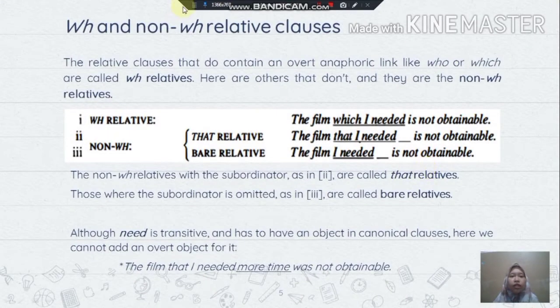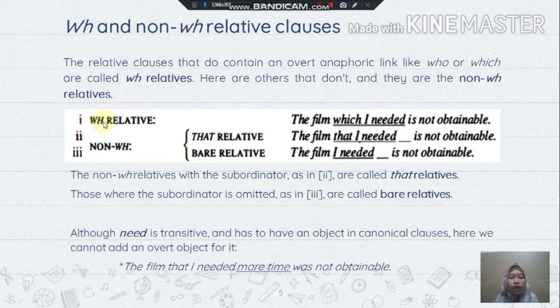WH and non-WH relative clauses. The relative clauses that do contain an overt anaphoric link like who or which are called WH relatives. There are others that don't, and they are the non-WH relatives.